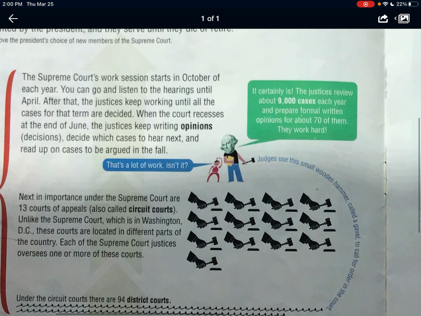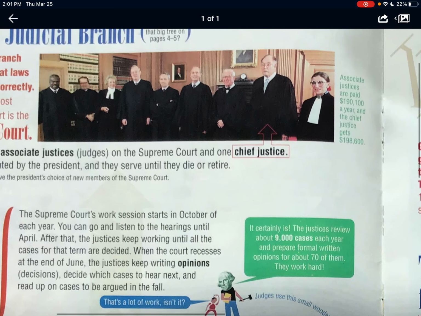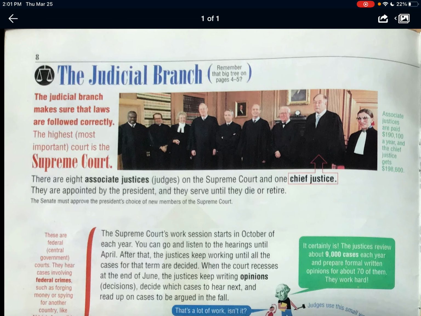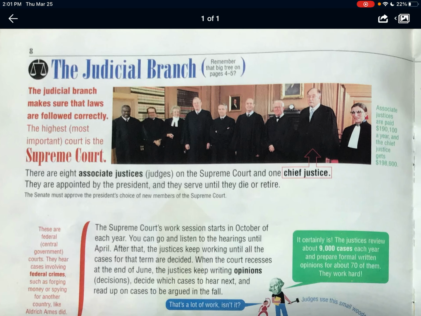All right, then, if you go to the circuit court and you still don't like the decision that's given to you at the circuit court level, you can apply for, and you may be granted, another appeal to a higher court, and that would be the Supreme Court of the United States. Okay? And they're in the Judicial Branch, and the Judicial Branch makes sure that the laws that are being made are followed correctly.